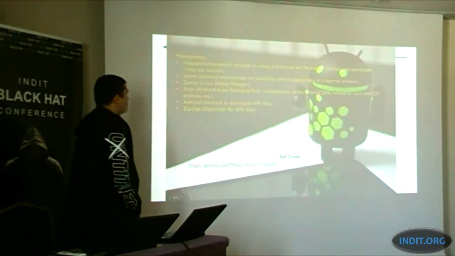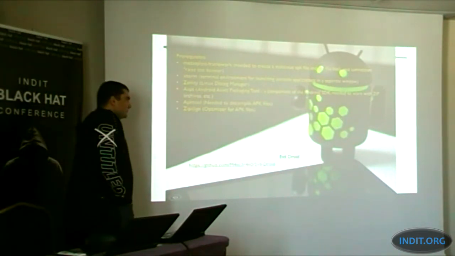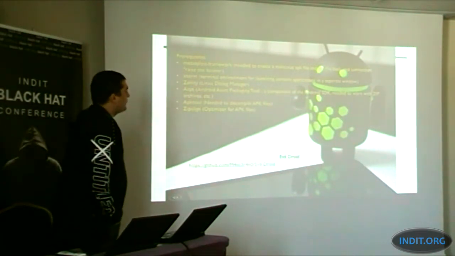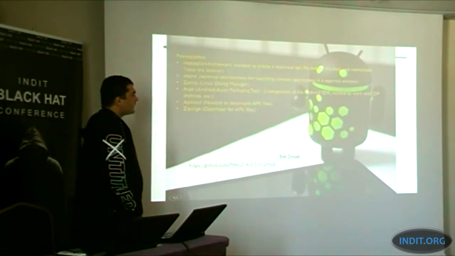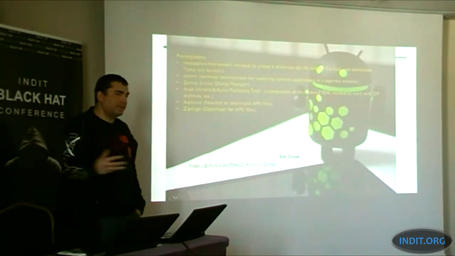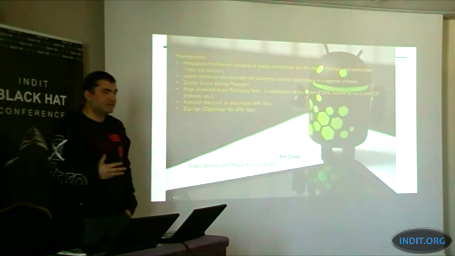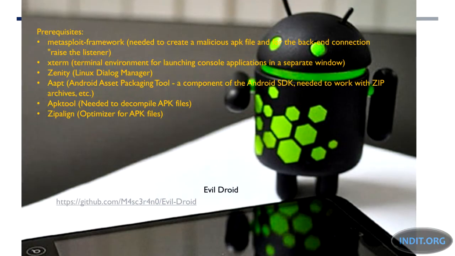But there are certain frameworks which can open this file, take the code from it, modify it again, and then put the files back into a new APK. This is where additional permissions can be added.